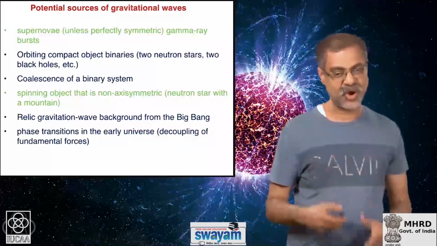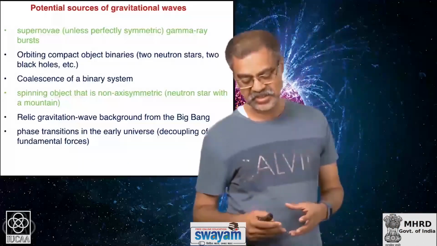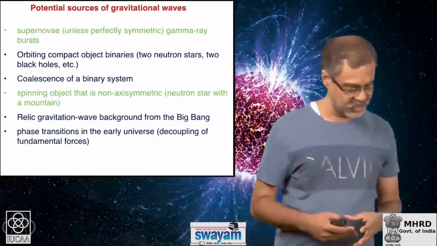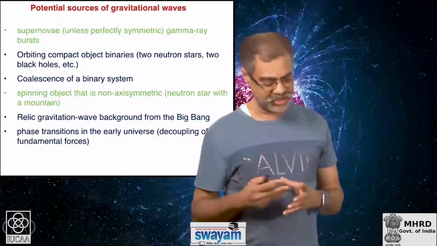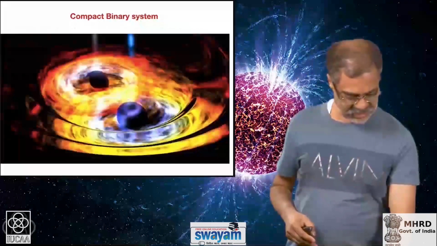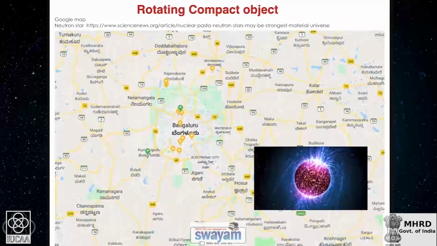The second sources are compact binaries, which I have already talked about, what the emission mechanism is in them. And the third one, an interesting source, is the rotating neutron stars. Neutron stars are very compact objects which have a radius of about 10 kilometers and whose mass is approximately 1 or 2 times solar masses, and these will be rotating very fast.